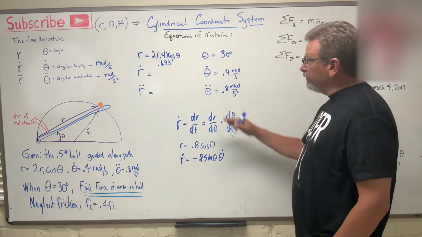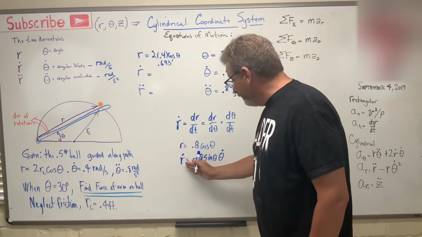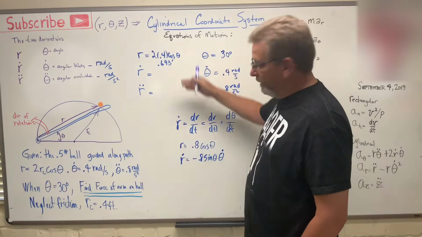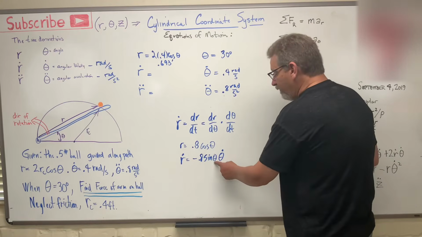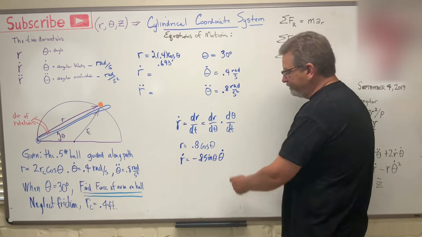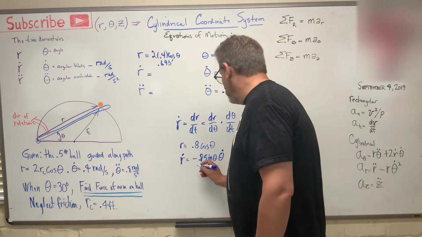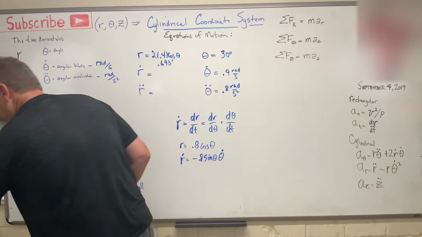Now, just like up here, where we got a number for r, we can get a number for r dot right here because we know what theta is, and we know what theta dot is. So let's just get our calculator.